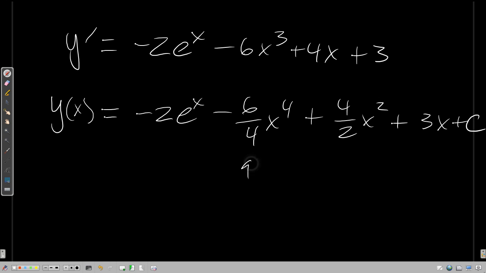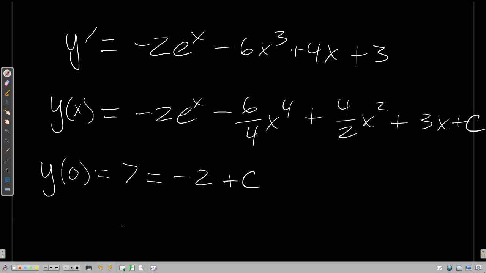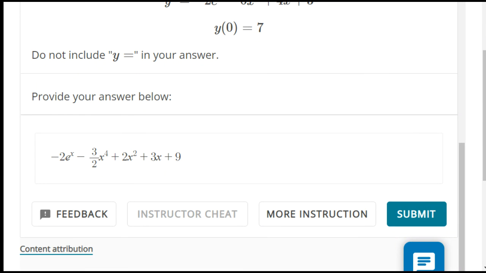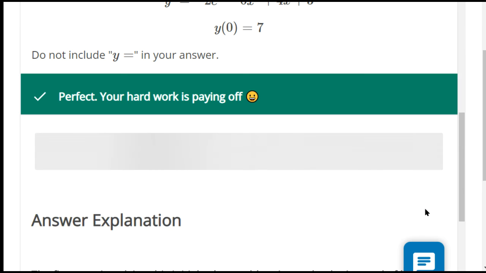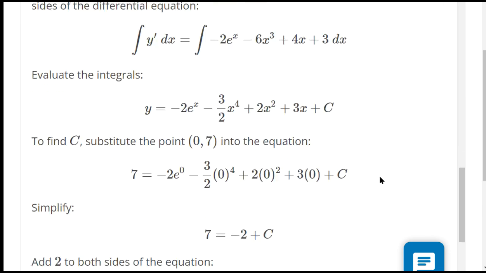And of course those fractions will simplify, but I don't even need them to simplify to figure out what c is, because y of 0 is 7, and that would mean that it's a minus 2 plus c equal to 7. So then c is 9, and I will just simplify those numbers upon typing them in. And there we go, you can see my 9, and my hard work is paying off.